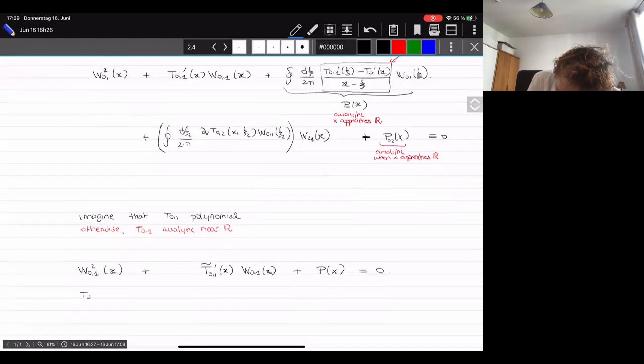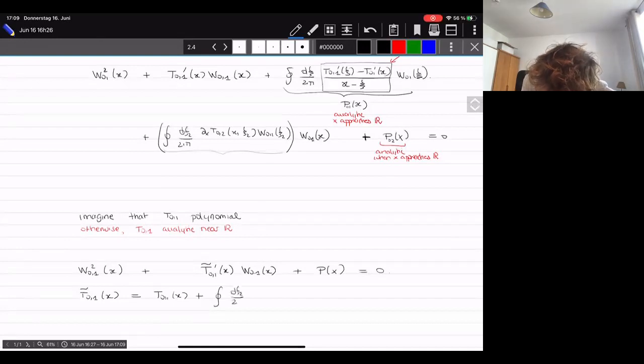And what is T tilde 01x? It is T01x plus this contour integral here. It involves W01, which I don't know, so it could be a complicated function.